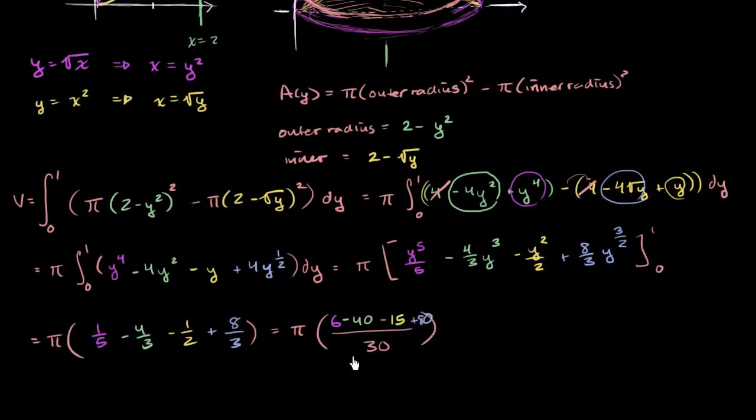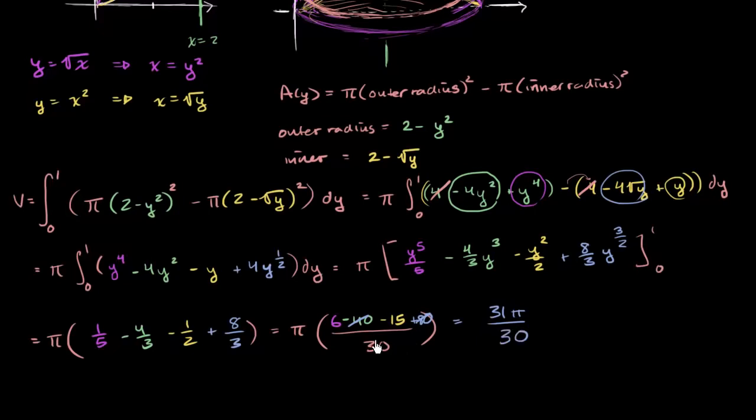So this simplifies to... actually, let me make sure I'm doing the math right over here. 80 minus 40 gets us 40, plus 6 is 46, minus 15 is 31. So this is equal to 31 pi over 30.